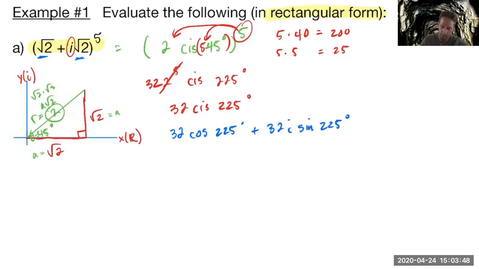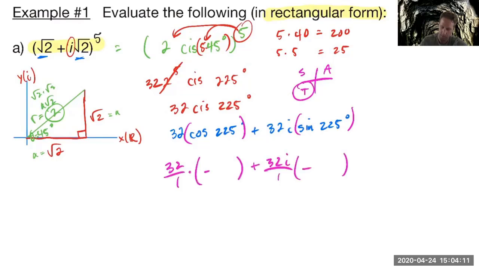And then I will just simply take the trig functions and evaluate them, knowing that we are in quadrant 3 for 225 degrees, meaning that both of these things will end up being negative something. And because we know that this is a 45-degree reference angle, I already got the negatives taken care of.